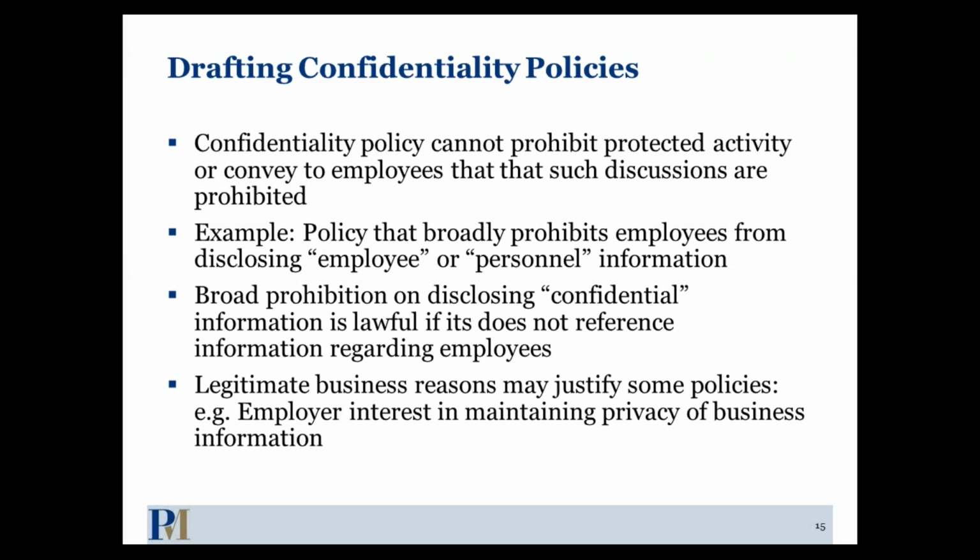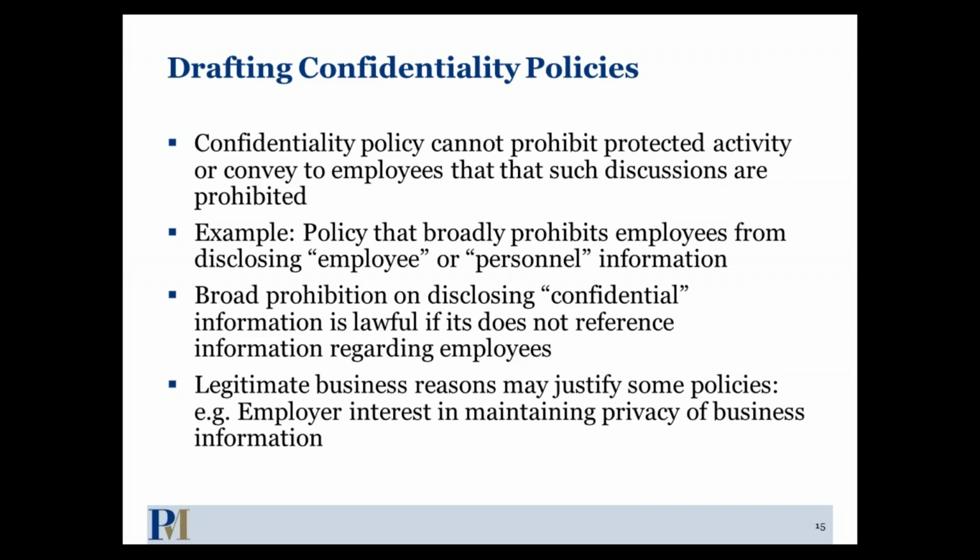I think we covered a lot of what's on this slide, but essentially it just reinforces the idea that you want to have that legitimate business reason. A lot of confidentiality policies will have that carve out for publicly available information.